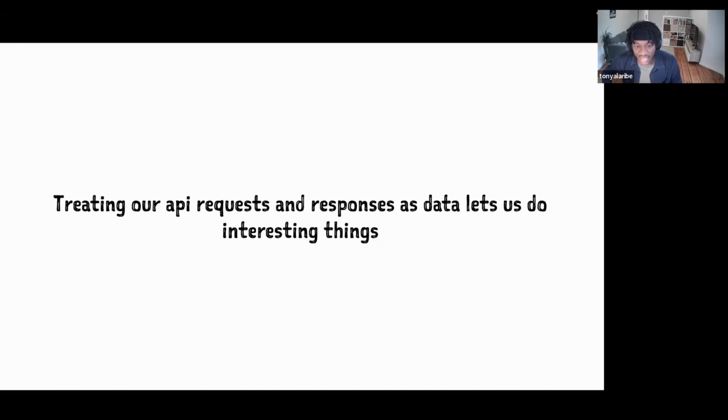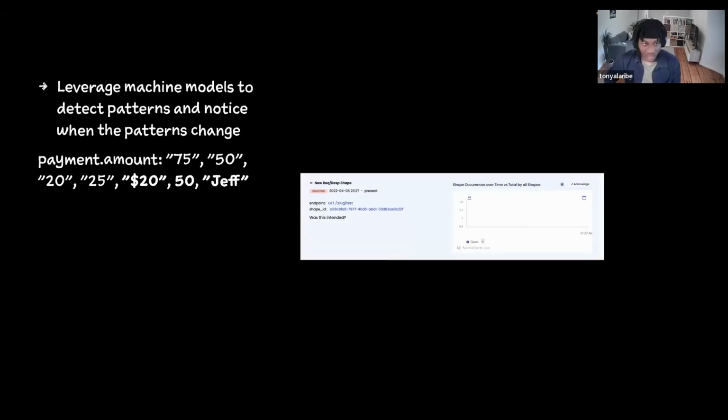And just by analyzing, for example, the payment amounts, if you look at the series 75, 50, it's easy to raise flags if a new engineer on our team, maybe writing code without looking at the existing behavior, decided to return a $ sign as part of the amount. You know, he had good intentions, but this breaks the API contract.